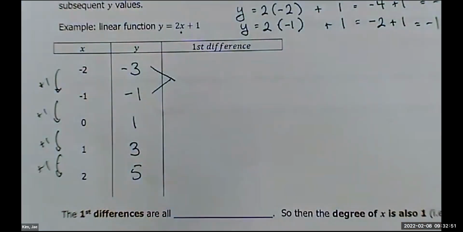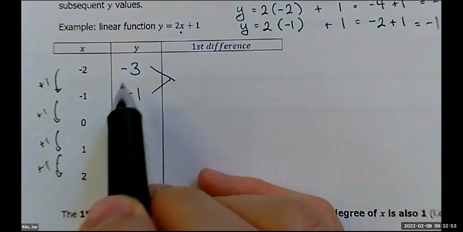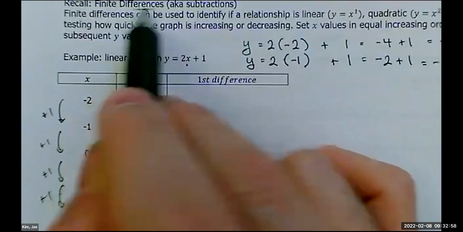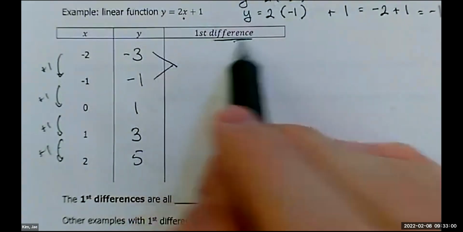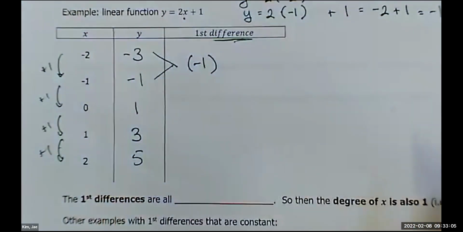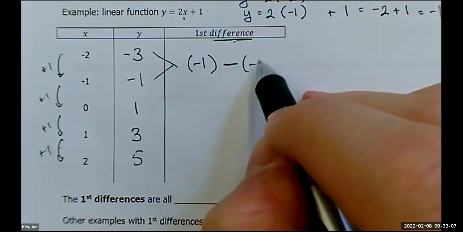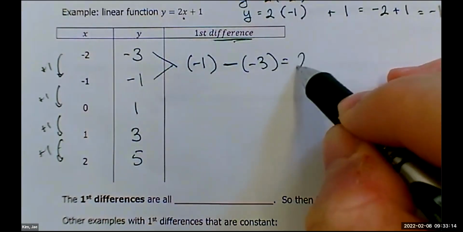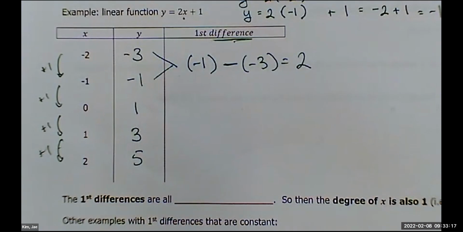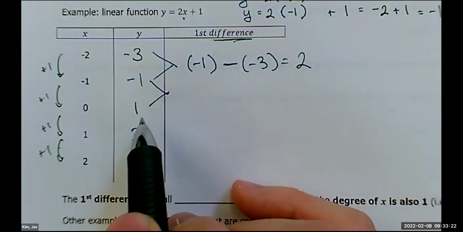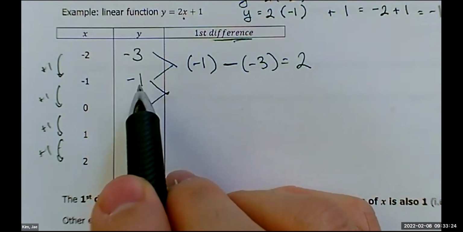You take these two numbers, you write the bottom one first, and you subtract it, because it's differences, with the number on top. So it would be -1 minus -3, which is -1 plus 3, the 2. Next, the bottom number is a 1. The top number is a -1.